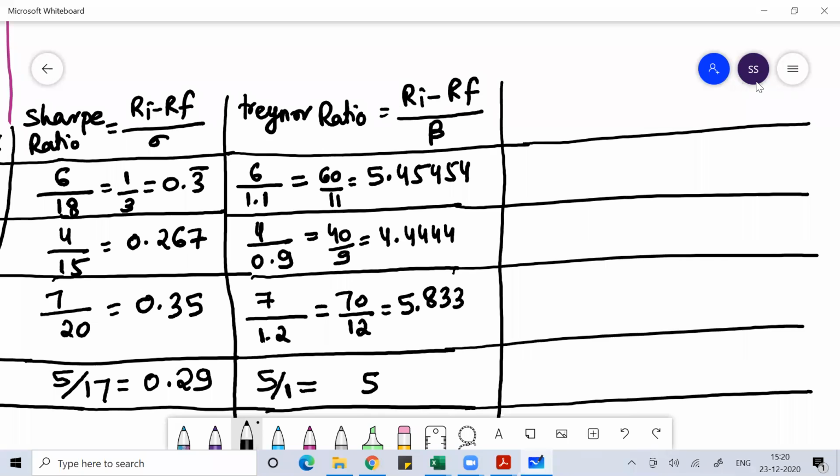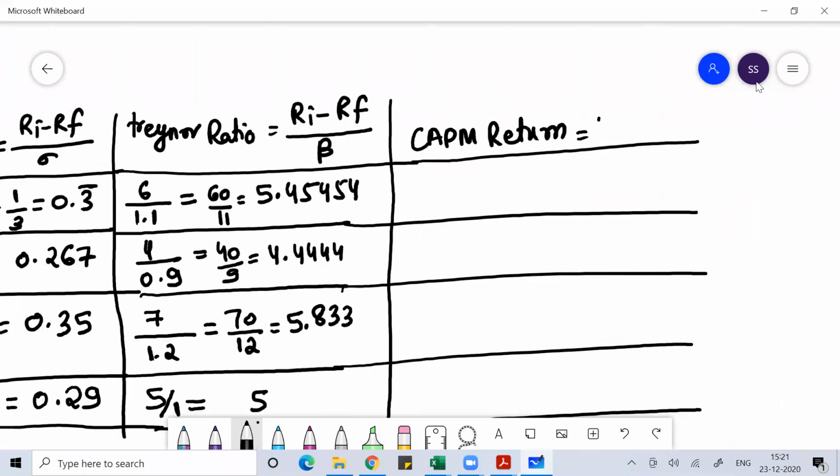Then find the CAPM return. CAPM return is RF plus beta into RM minus RF.